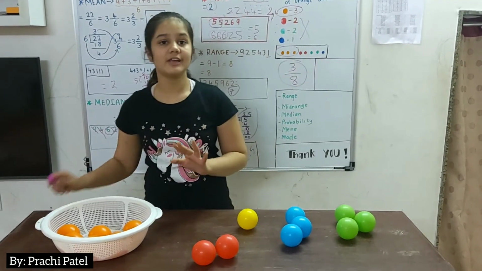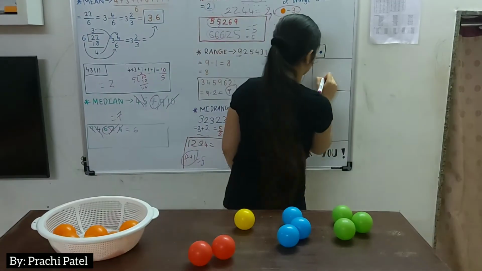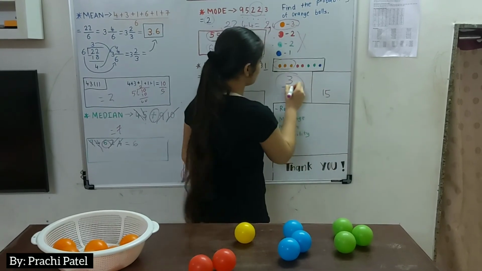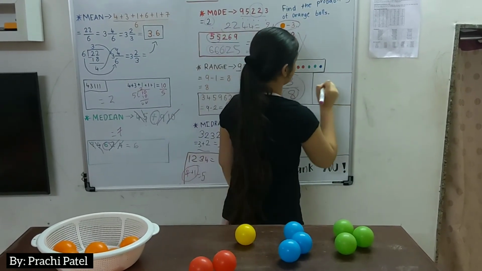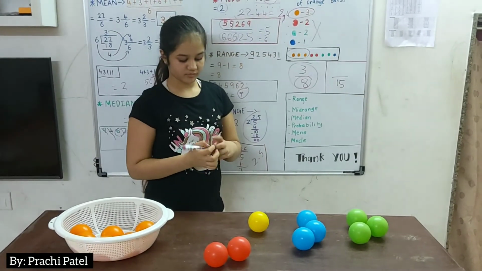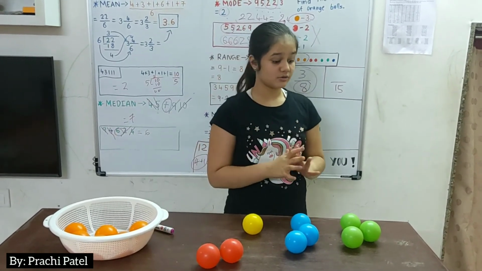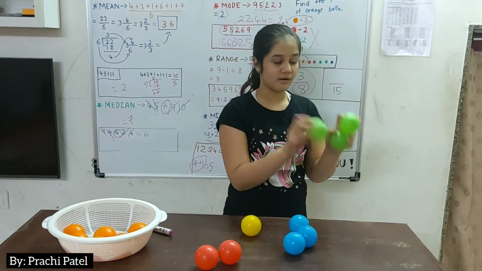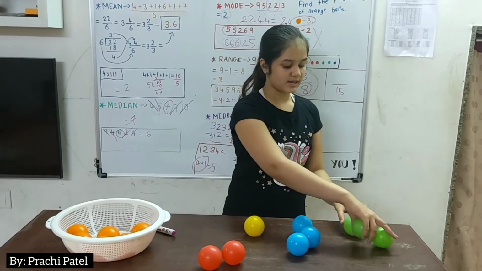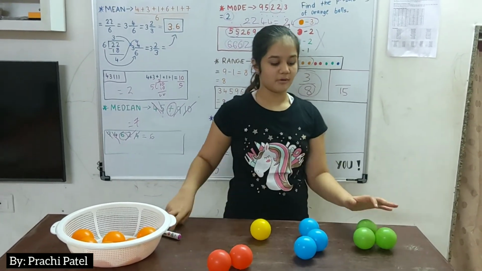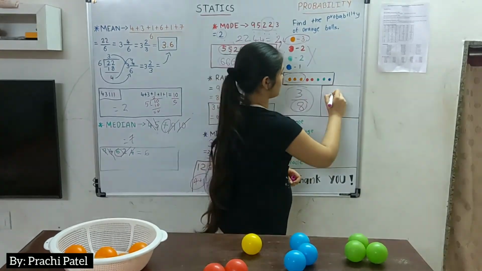We have 15 balls in total. So as I showed over here, the total number of balls goes in the denominator. Now I asked you to find the probability of the green balls. So the green balls are 1, 2 and 3. So the probability of this is 3 over 15.